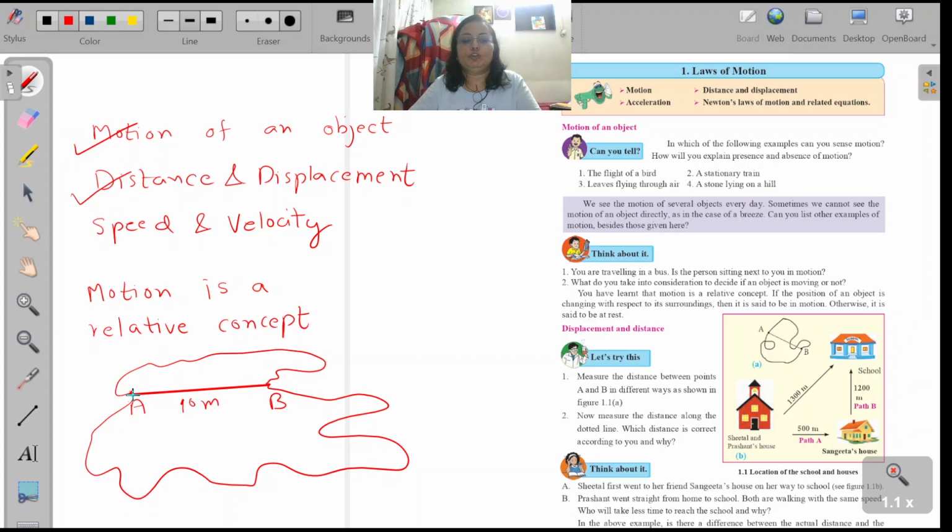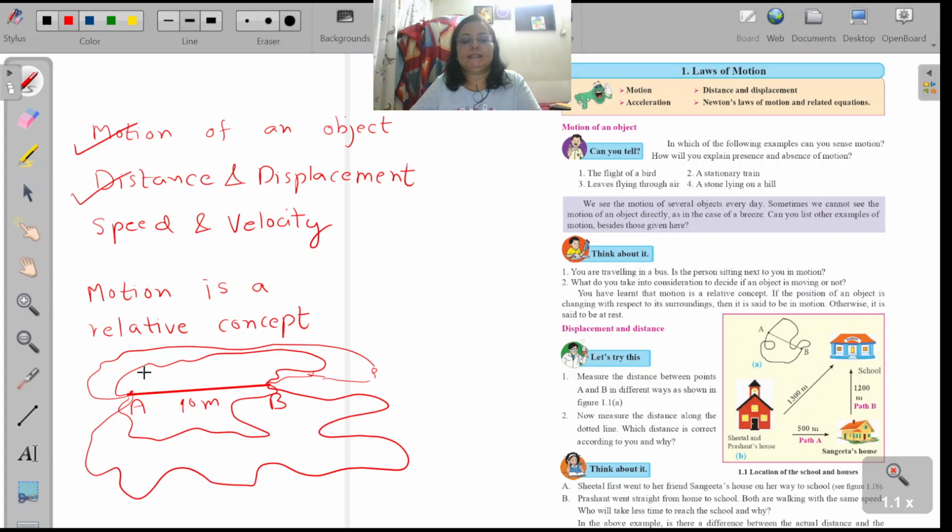Because see, I can travel from A to B in a number of paths. I can take this path, I can take this path, but the actual distance is 10 meter, which is a straight line distance between A to B. This straight line distance between starting point A and finishing point B is called displacement.